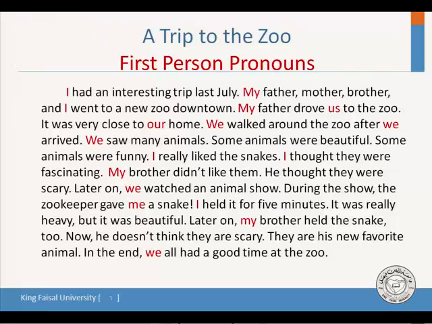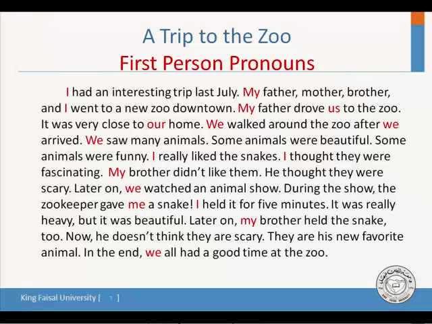Later on, after that, we watched an animal show. During the show, the zookeeper gave me a snake. I held it for 5 minutes. It, the snake, was really heavy.